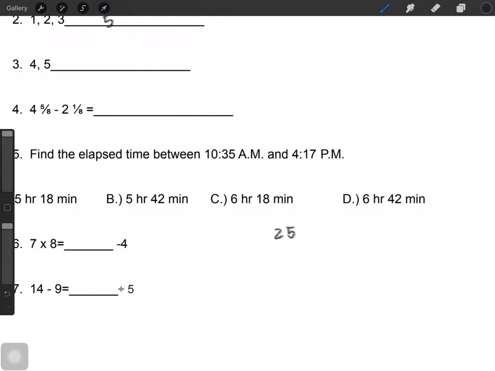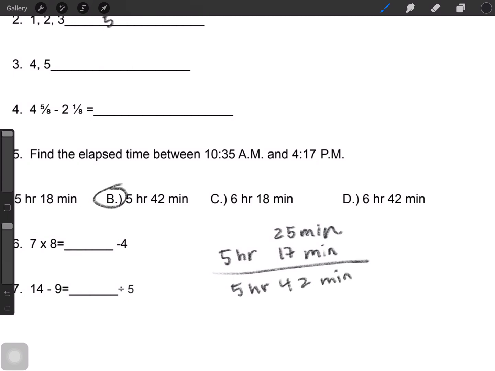And now we're at 11, so 11 to 12 we know is 1 hour, and 12 to 4 is 5 hours, or like added up with 11 to 12. They're 5 full hours. Hold on, I should write this somewhere else. This is minutes. And over here, 4 to 4:17 is obviously 17 minutes. So we have 5 hours and 42 minutes, which is answer B here.